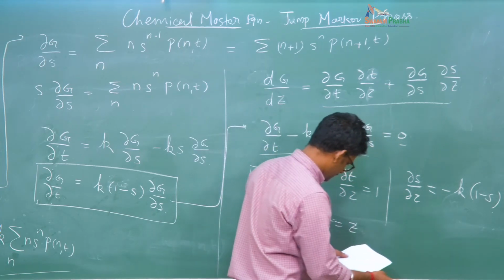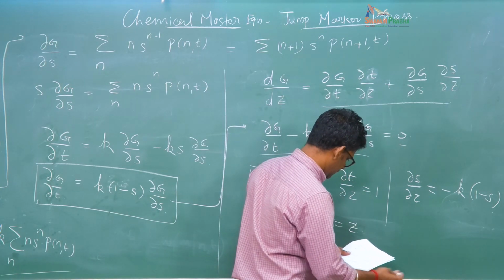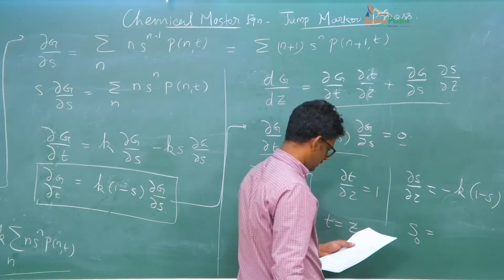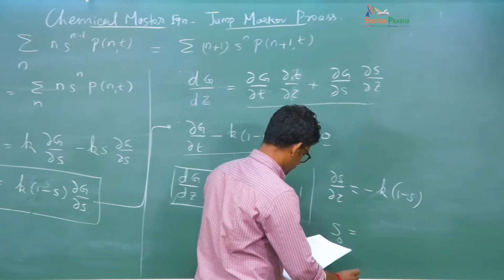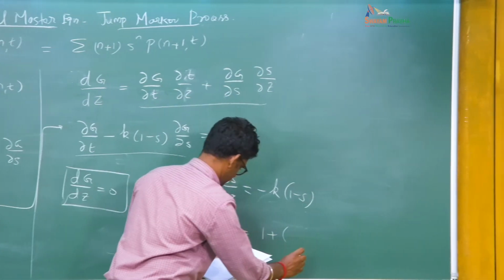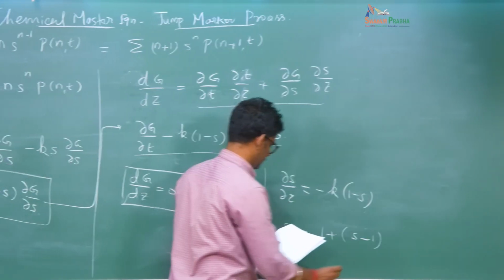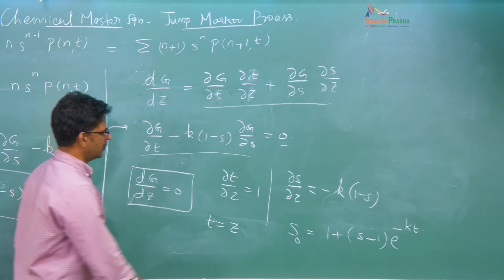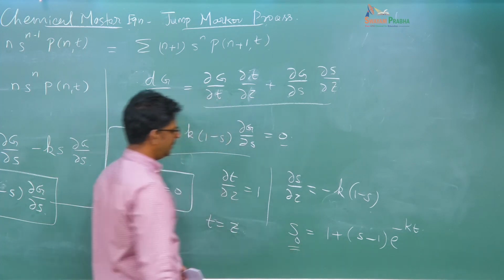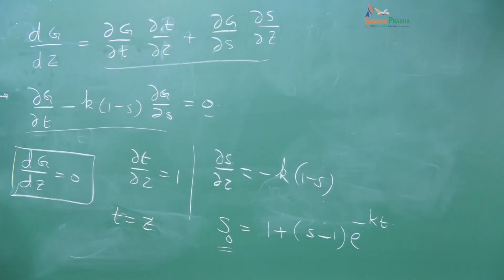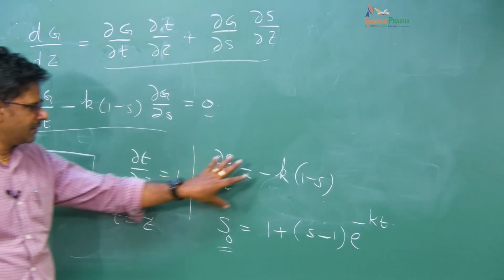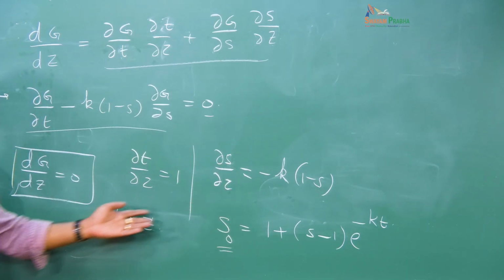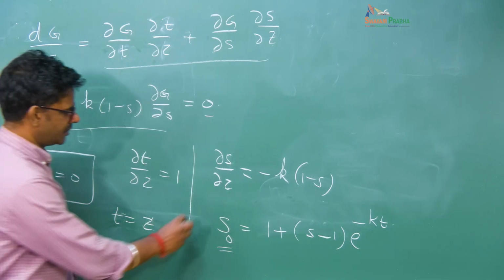I think I have written this in my notes here, so it should be: s naught is equal to 1 plus (s minus 1) e power minus kt, where s naught is the value of s at t equal to 0. So what we have done here is we have solved this for s as a function of z, but we know z is nothing but t, so I can replace z by t. So I got this equation.